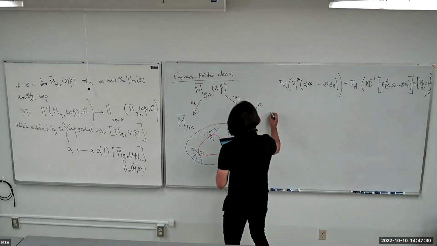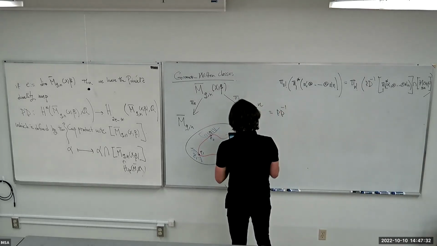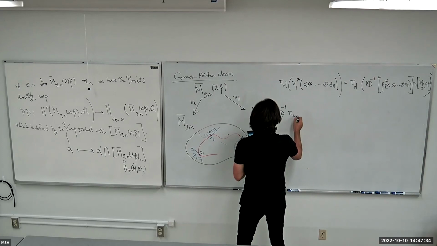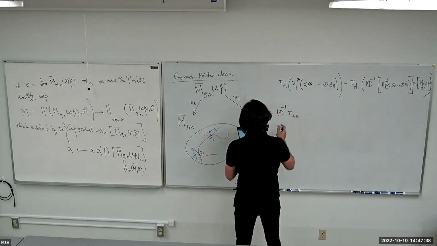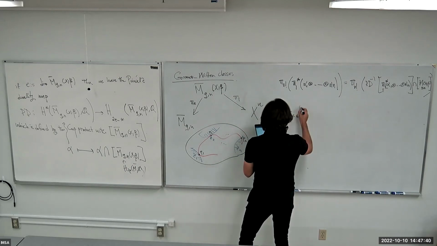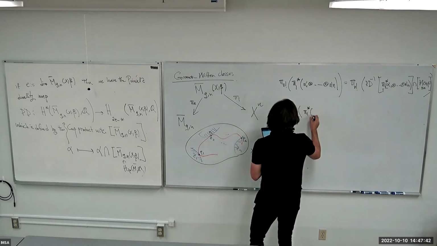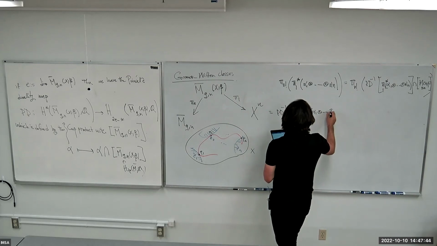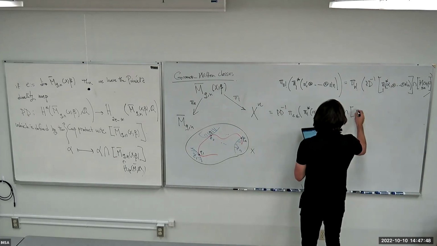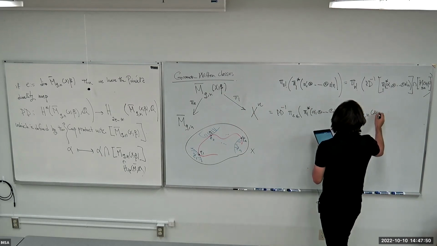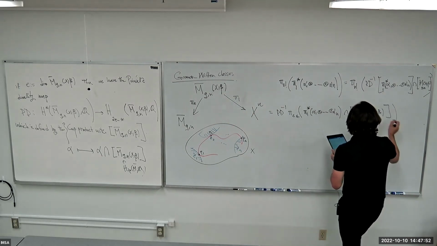So this is going to be PD inverse of pi 2 lower star of pi 1 upper star of alpha, that capped with M bar g,n X, beta.